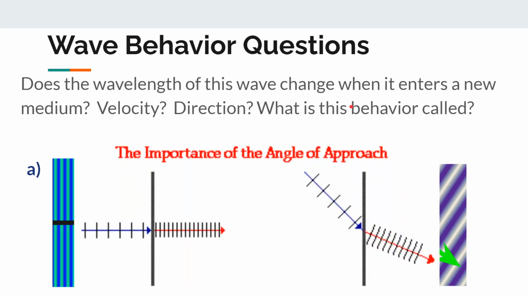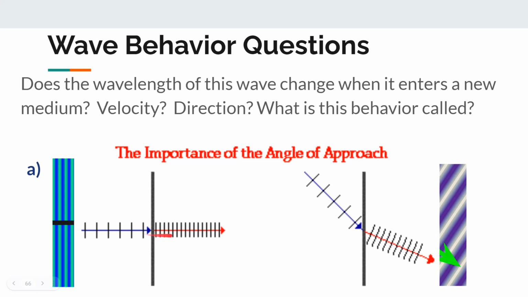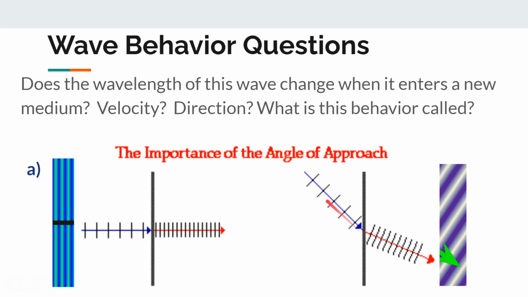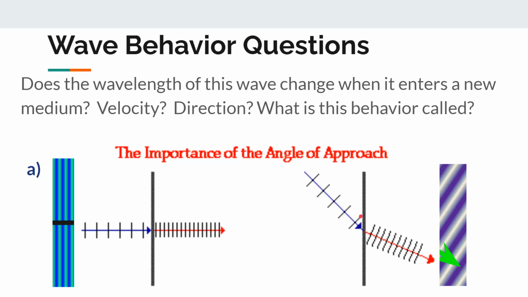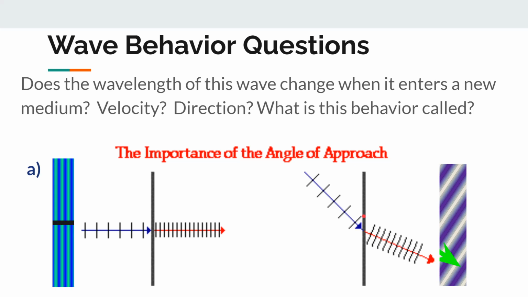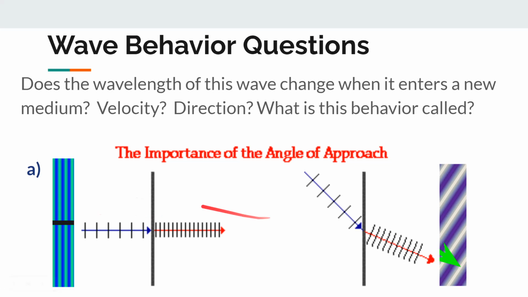Importance of angle of approach, and this is what I was just mentioning. You're going to see a change in velocity and wavelength whether it hits head on or not. But if it hits at an angle, that means that part of that wave front is going to experience that change first, and that's why it causes the bending. In this case, these are actually opposite of what the images behind them show.